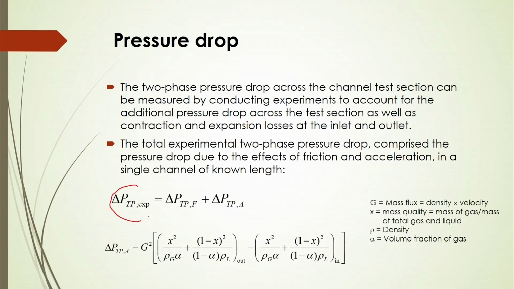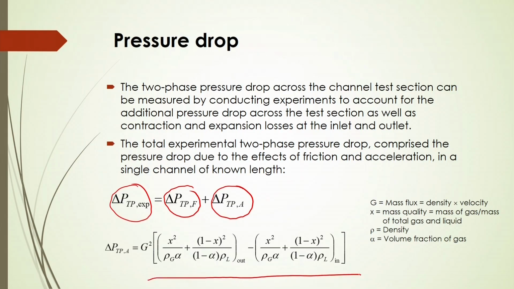This is your experimental total two phase pressure drop, which is the sum of the frictional pressure drop of the two phase flow and the additional pressure drop due to expansion or contraction losses.